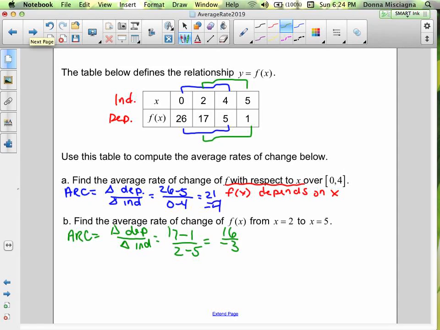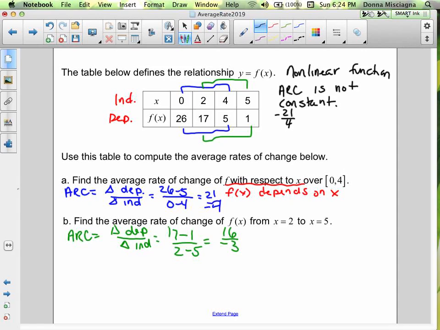So this is clearly not a linear function. The average rate of change is not constant. We can see here that negative 21 fourths does not equal negative 16 thirds, right? So not a linear function. And we also can see, because the numbers are getting smaller, so as x is getting larger, y is getting smaller.